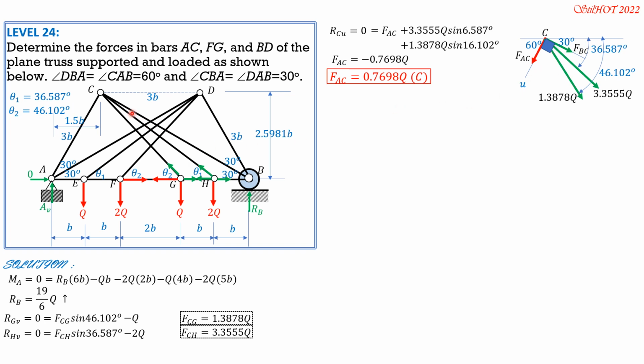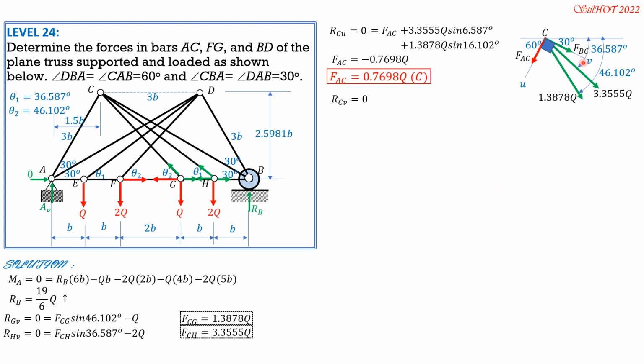Then we need FBC, so that if we solve FBC, we can now proceed to joint B. Then we can solve the force in FBD, which is also required. So let's call this V axis, not vertical, but just V axis. So summation forces along V equals 0.